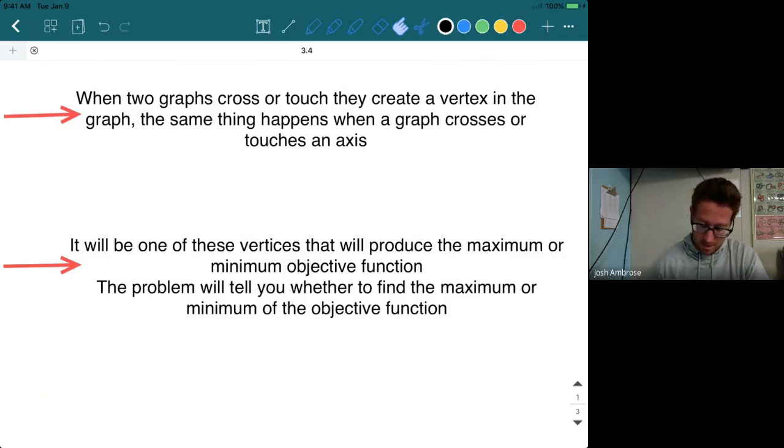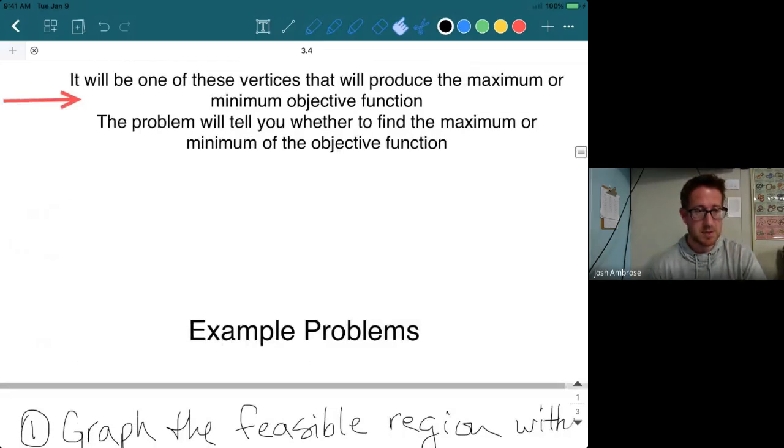One of our last notes: one of these vertices, one of these points where the graphs are crossing and touching, is going to produce what we call either a maximum or a minimum objective function. That deals with the second example problem we do together, where the book may say, calculate the maximum objective function or calculate the minimum.